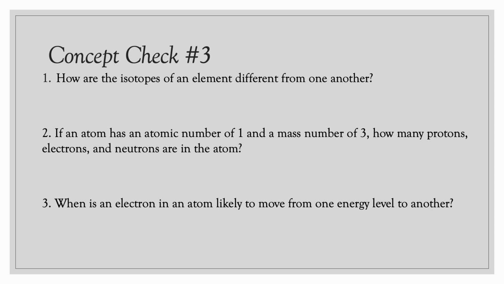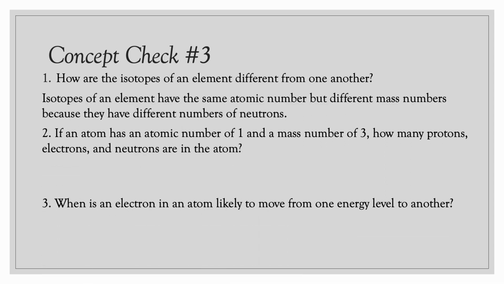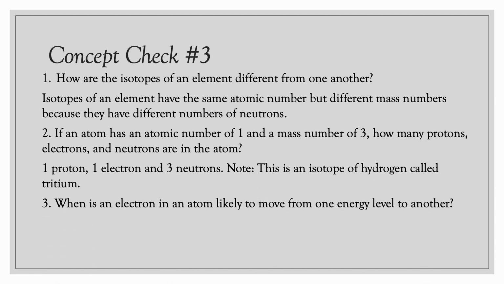Question 1: How are the isotopes of an element different from one another? Isotopes of an element have the same atomic number, but different mass numbers because they have different numbers of neutrons. Question 2: If an atom has an atomic number of 1 and a mass number of 3, how many protons, electrons, and neutrons are in the atom? 1 proton, 1 electron, and 2 neutrons.